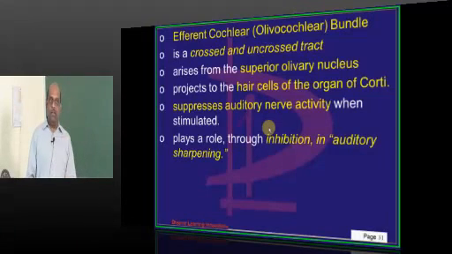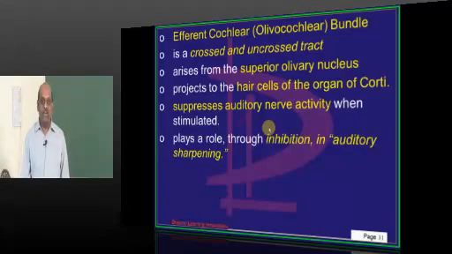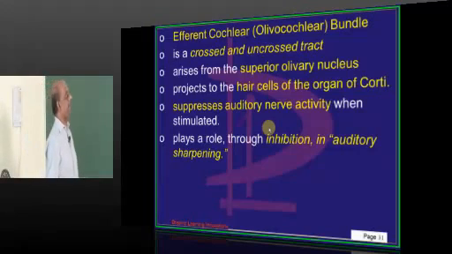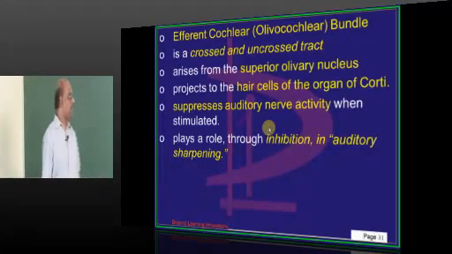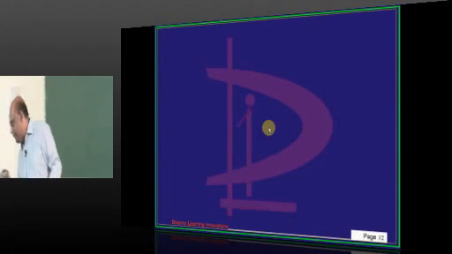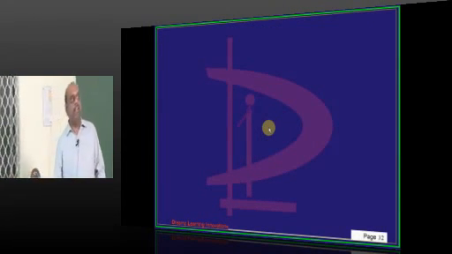If too much sound is coming and everything is reported to the brain, it can't bear all the sound, so it must be suppressed, and that suppression occurs because of this olivocochlear pathway. So it is called auditory sharpening, which is what you need to ultimately remember. So that is all the story.